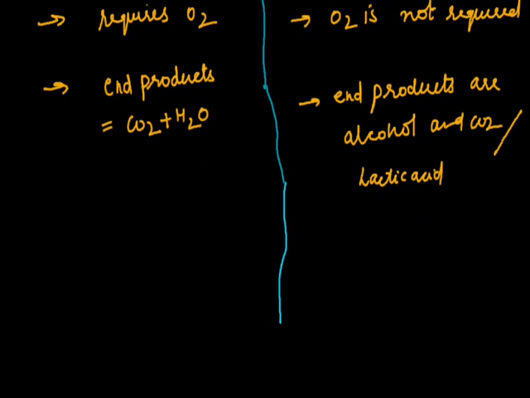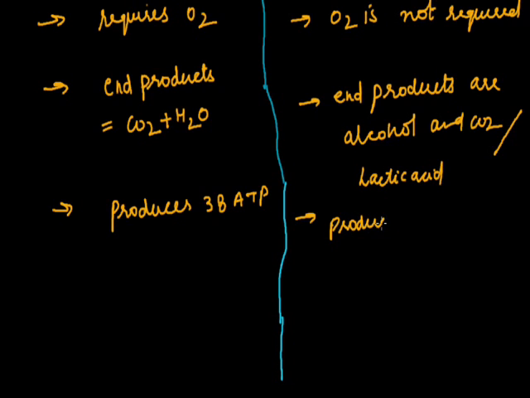The next point of difference is that aerobic respiration produces 38 ATP molecules of energy. On the other hand, anaerobic respiration produces only 2 ATP molecules.